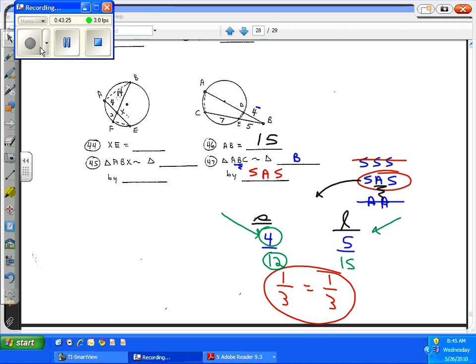And so opposite the 4, that's this side, is angle E. Opposite the 12 in the big triangle, that's this side, is angle A. So angle E of the little one is equal to angle A of the big one.